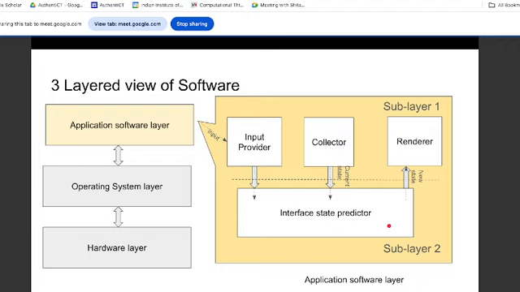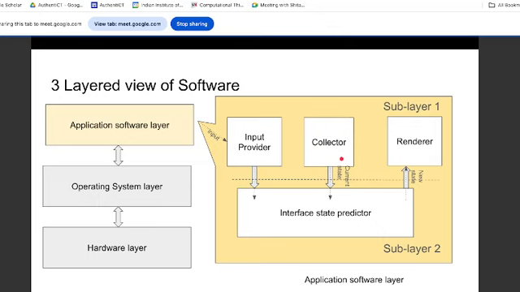In sublayer 1, the user can provide input to this layer through the input provider. This input provider stores the user's input, and it provides this data to the interface state predictor.